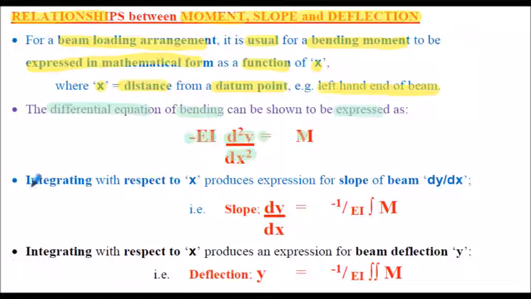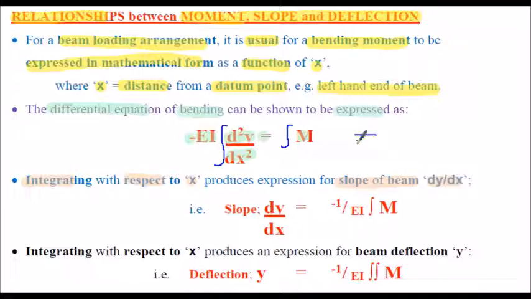If we now integrate both sides of the above equation with respect to x, effectively integrating the left hand side with respect to x and the right hand side with respect to x, this produces an equation for the slope of the beam, dy/dx.